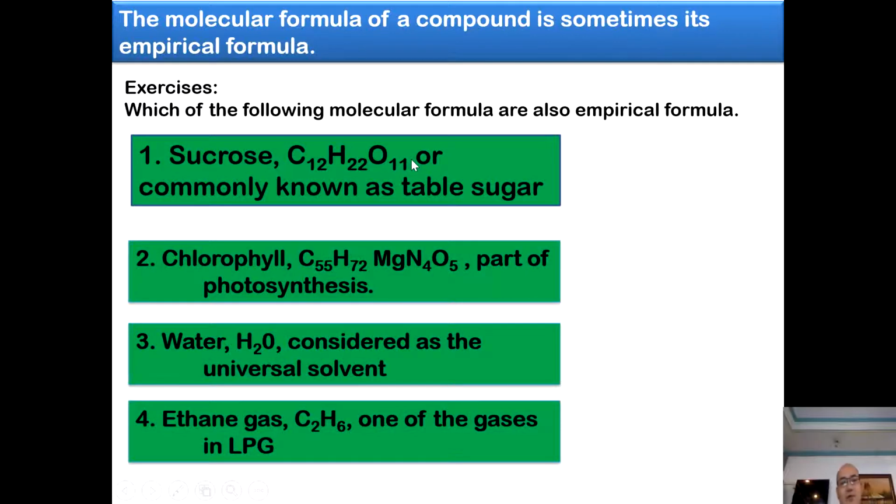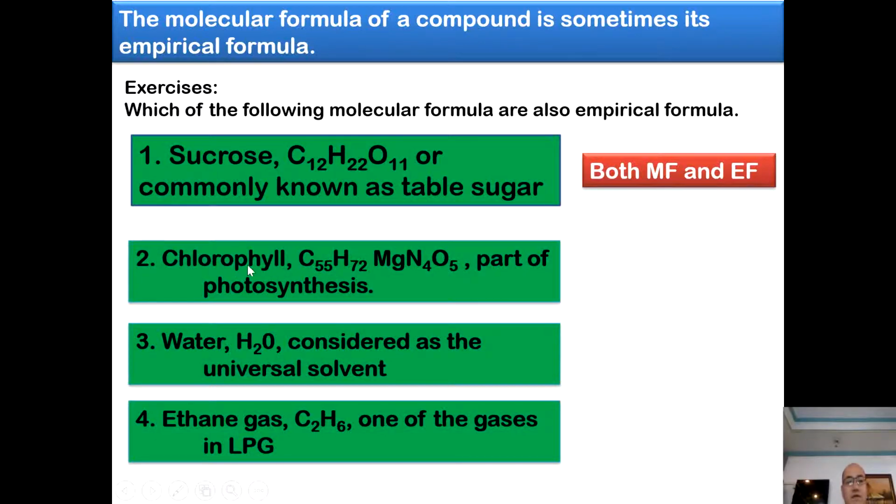Of course, 1 is a factor of all numbers. So there is no common factor among 12, 22, and 11. In other words, we cannot simplify this. So sucrose, C12H22O11, is considered both a molecular and an empirical formula.